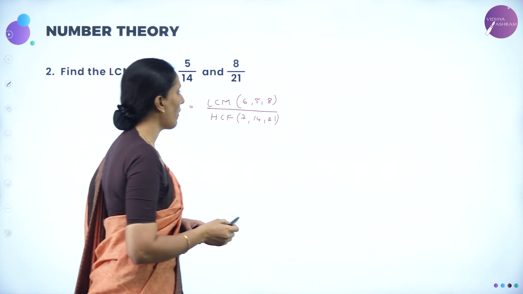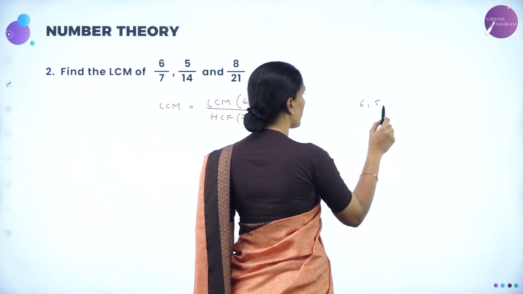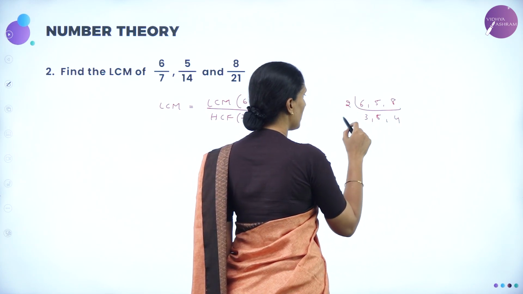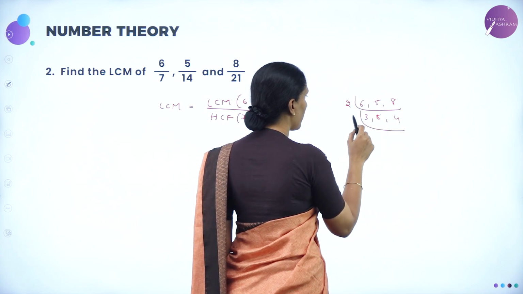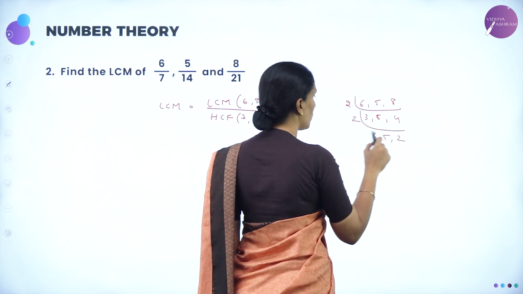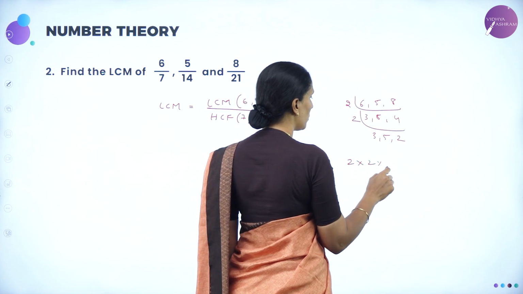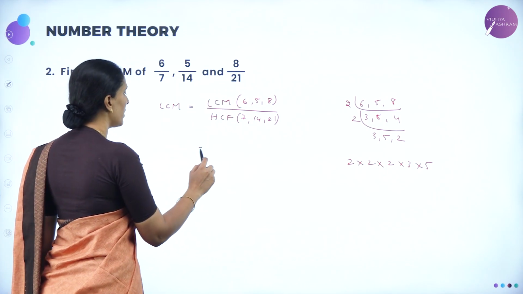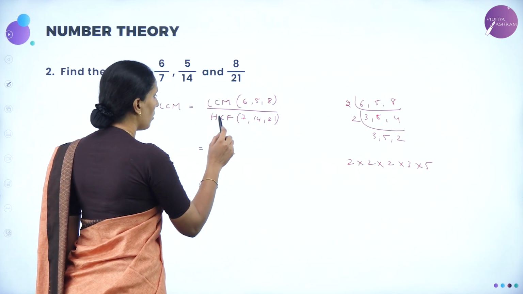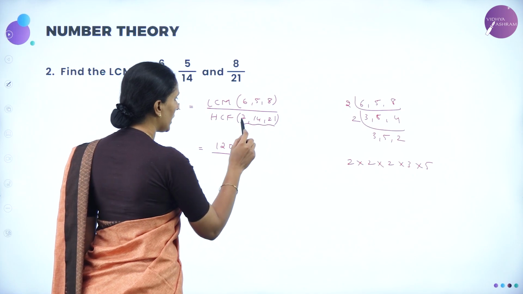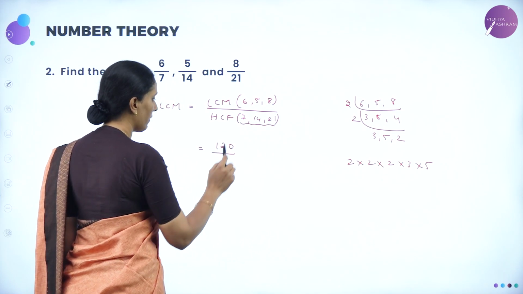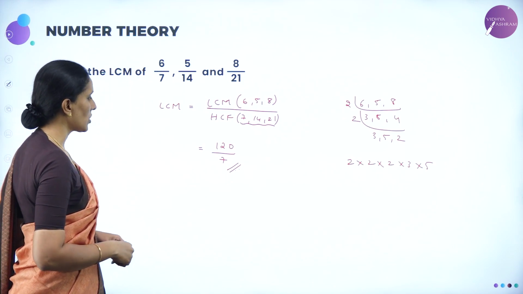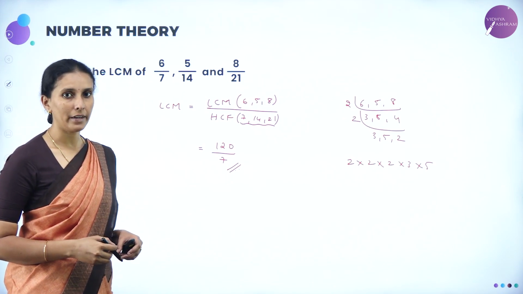Clearly for 6, 5, 8, if you take the LCM by the division method, it is 2 into 2 into 2 into 3 into 5. So this will give you the LCM, and the value is equal to 120. Now the common factor which divides all three numbers 7, 14, 21 is 7. So the LCM of the given fractions is 120 divided by 7.